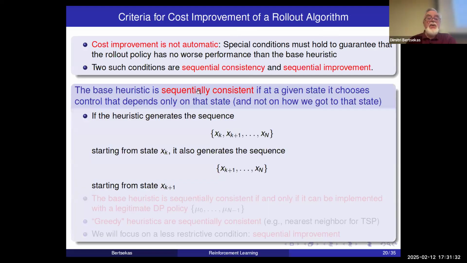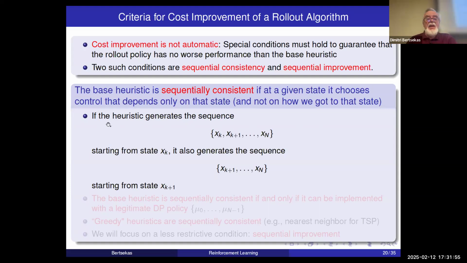We say that the Bayes heuristic is sequentially consistent if at a given state it chooses a control that depends only on that state and not on how it got to that state. In other words, this Bayes heuristic just looks at the state where it currently is, and then it will apply the same control no matter how it came to that state.